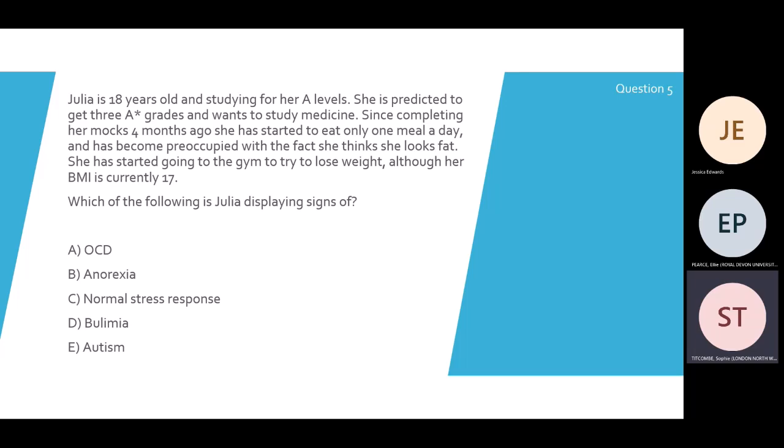Since completing her mocks 4 months ago, she started to eat only 1 meal a day and has become preoccupied with the fact that she thinks that she looks fat. She started going to the gym to try to lose weight, although her BMI is only 17. Which of the following is Julia displaying signs of? A, OCD, B, anorexia, C, normal stress response, D, bulimia, or E, autism?